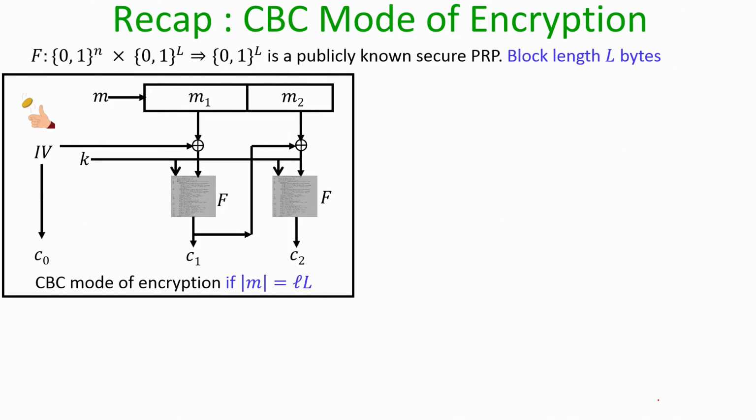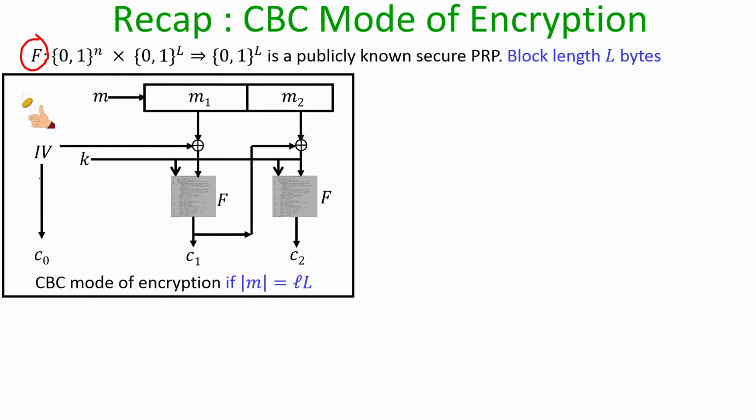In the CBC mode of encryption, we are given a keyed pseudo random permutation, and here I am assuming that the key length is n bits and the block length is big L bytes, and there are two ways by which the CBC mode of encryption works, depending upon whether the number of bytes in the plain text which you want to encrypt is a multiple of big L or not. If it is a multiple of big L, then you divide your message into several blocks of big L bytes, and here is how you do the cipher text computation.